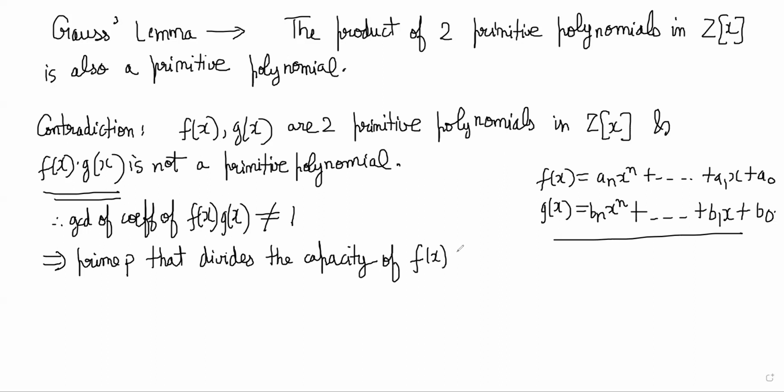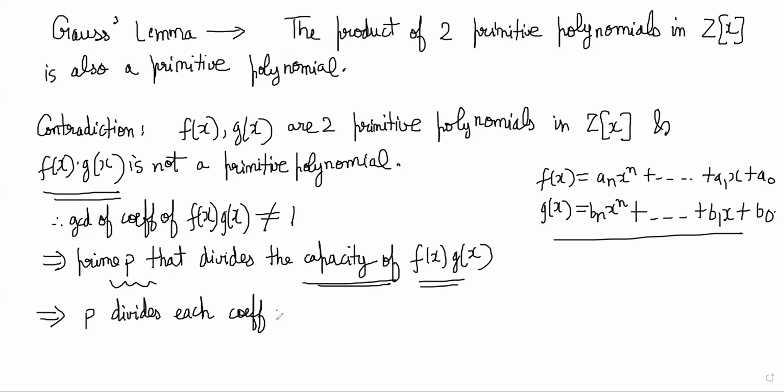When I say capacity of f of x times g of x, I mean the GCD of the coefficients of f of x times g of x. So p divides each coefficient of f of x times g of x. Why? Because the capacity is the GCD of the coefficients, and so obviously the GCD divides every coefficient, and p divides the GCD. Therefore, p should divide each coefficient of f of x times g of x, right?